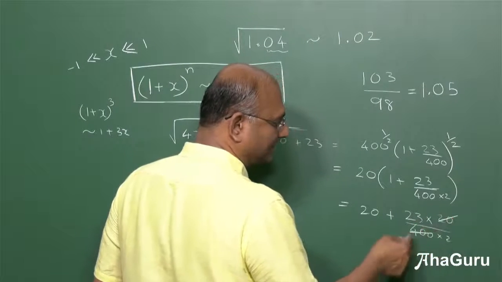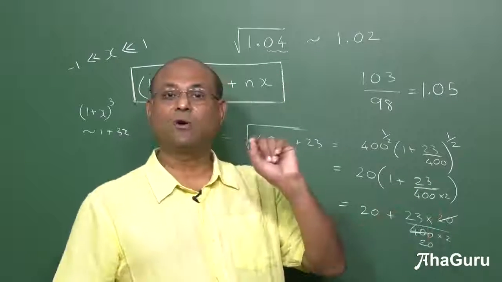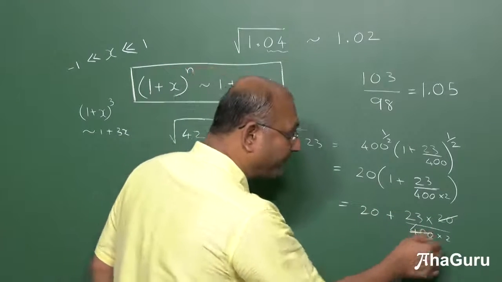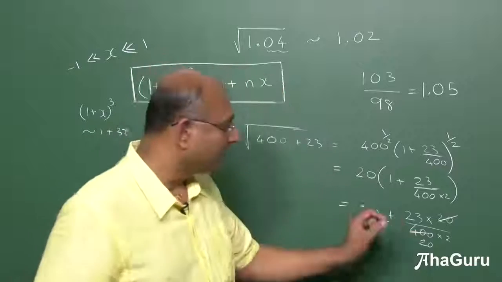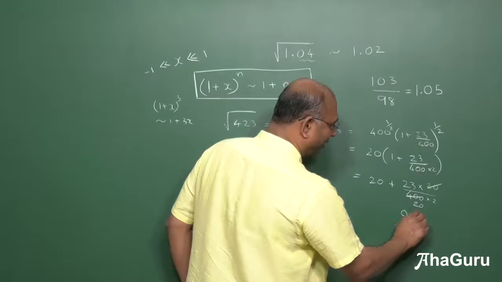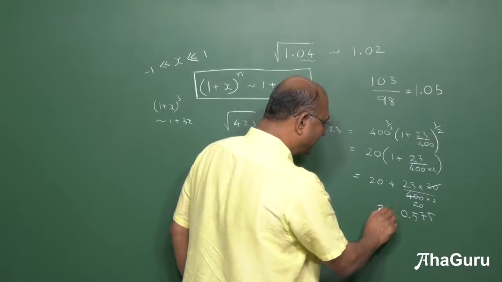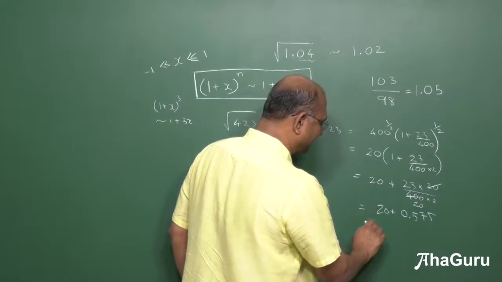So if I cancel this out, this is going to give me 20. So I have 23 by 40. 23 by 4 is 5.75. So this divided by 10 is going to give me 0.575.